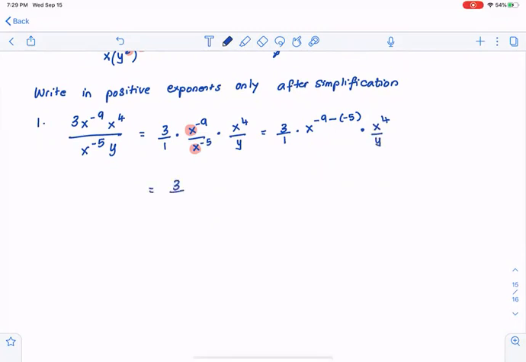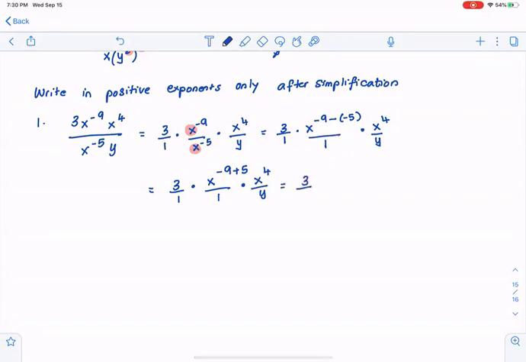So 3 over 1 times x raised to negative 9 plus 5 over 1 times x raised to 4 over y. I could have had that over 1 there also.